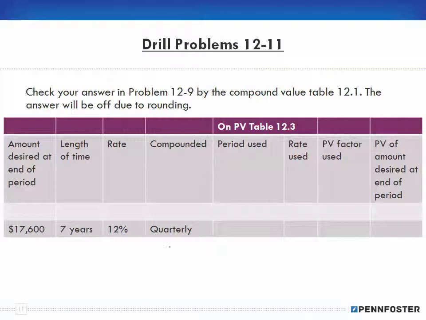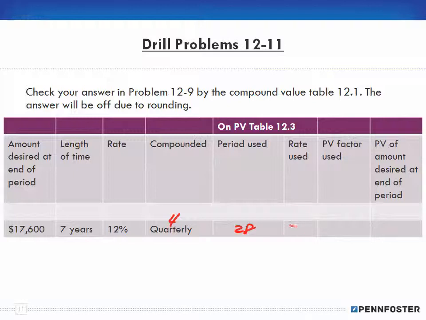So we had, remember, quarterly is every 4 periods, so the period used was 28 periods, and the rate used was, sorry, wrong. That's the interest rate. Let me erase that.